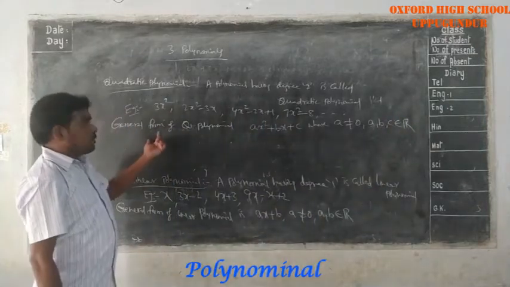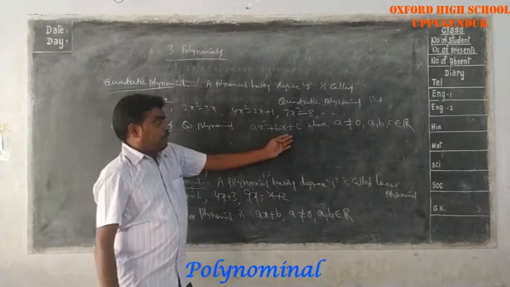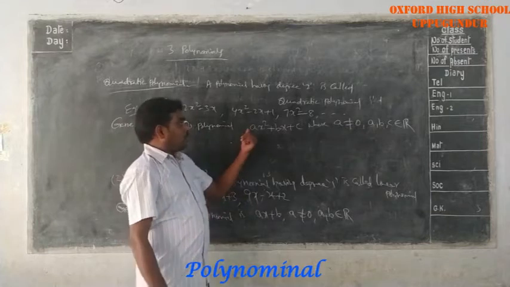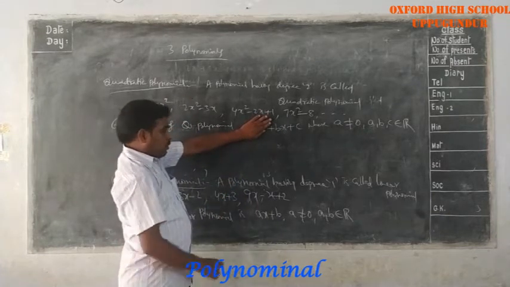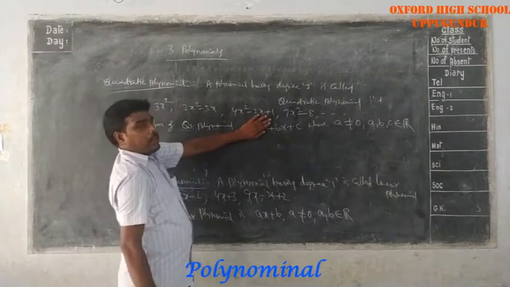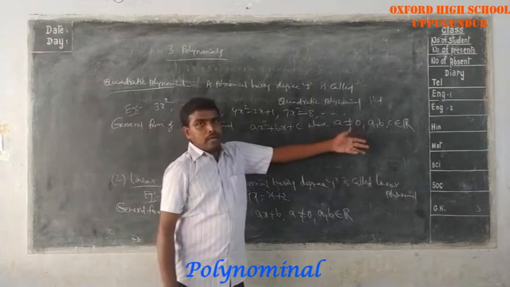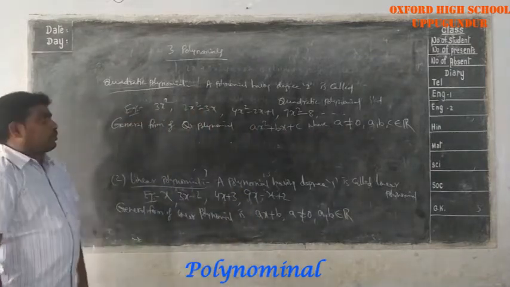So general form of this quadratic polynomial is ax square plus bx plus c, where a not equal to 0, a comma b comma c belongs to R. This a must be not equal to 0. Why? Because if this is equal to 0, we can say it is a linear polynomial. That's why this value is not equal to 0. b and c may or may not be 0. So this is about quadratic polynomial.